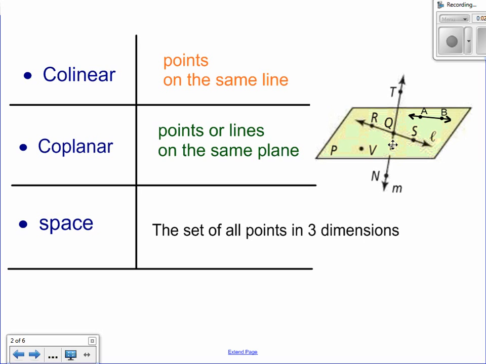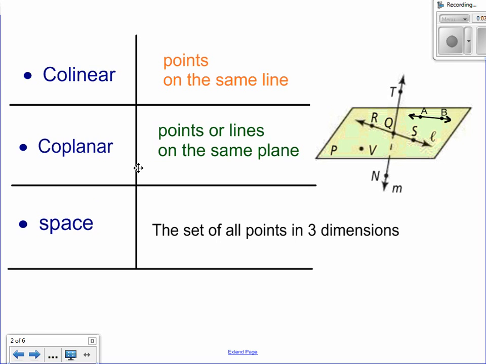The dotted lines mean that that's the part that's underneath the plane that you're not supposed to be able to see. Lines RQ and AB appear to be coplanar on the same plane. Not necessarily parallel. Looks like eventually they would intersect out here somewhere.